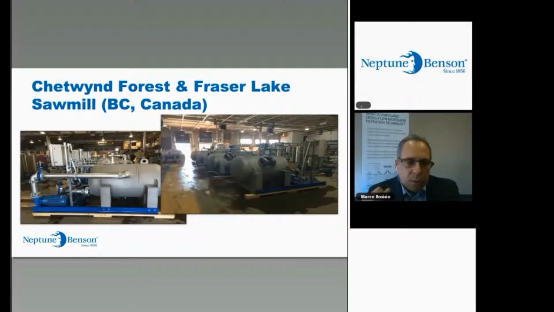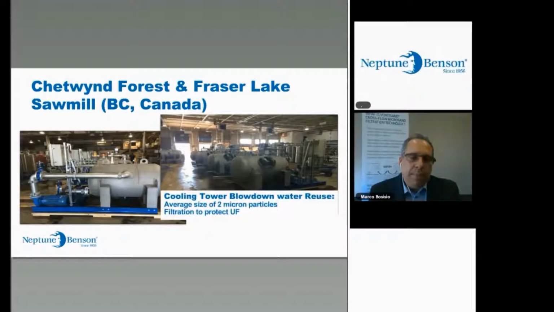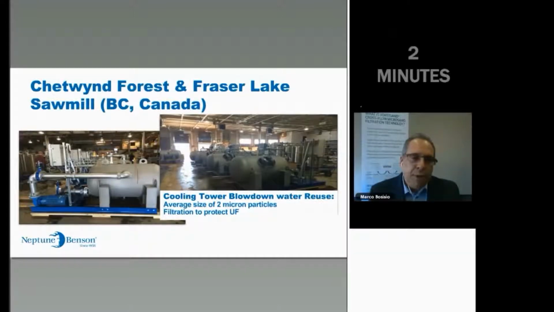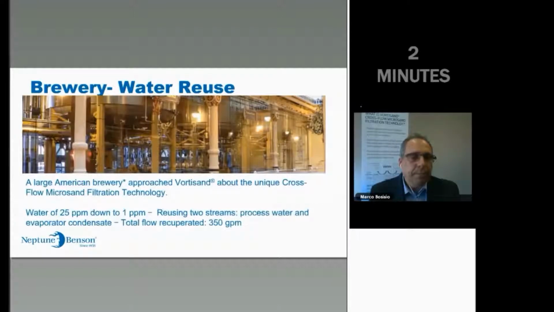Being able to treat as efficiently allowed the client to put a UF on the blowdown of these cooling towers, and by having clean water like this, the UF is protected and is able to bring the water back as makeup water to the plant. So this is a very good example of how we can be installed into a full treatment chain and protect the membrane, for example.